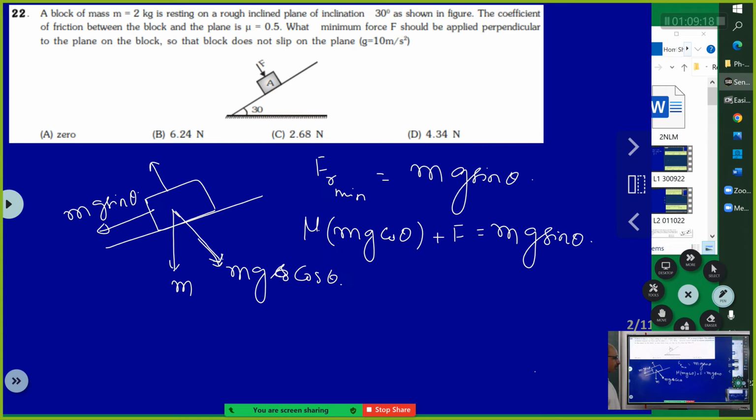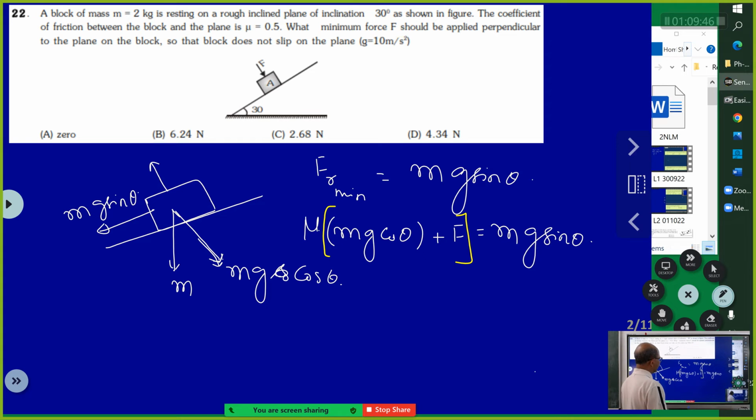No. Where am I wrong here? Sir, the minimum requirement will be mu into mg cos theta equal to mg sin theta. Correct. Now you're right. So you have to calculate F from this formulation. That's all.